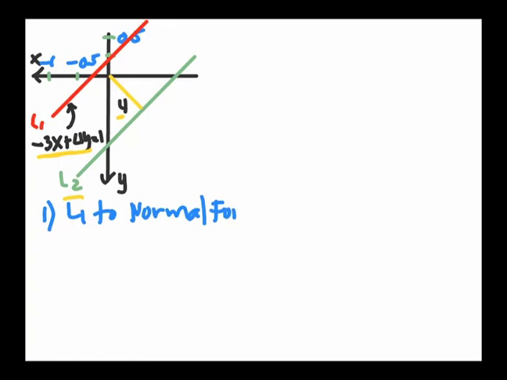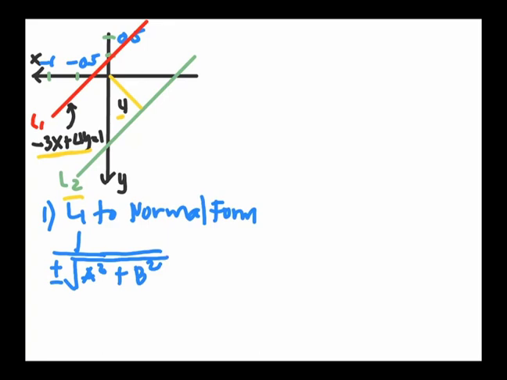So to normal form. Okay, again, to transform the equation of a given line to its normal form, we can do it by multiplying the entire equation by this quantity 1 over the positive or negative root of this quantity, which is a radical a squared plus b squared.